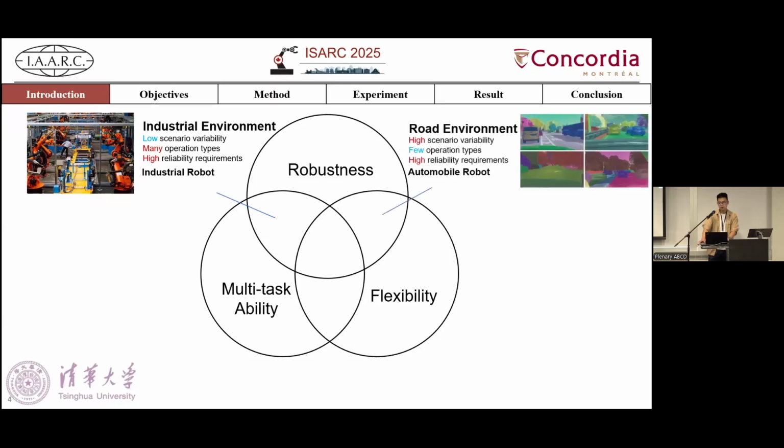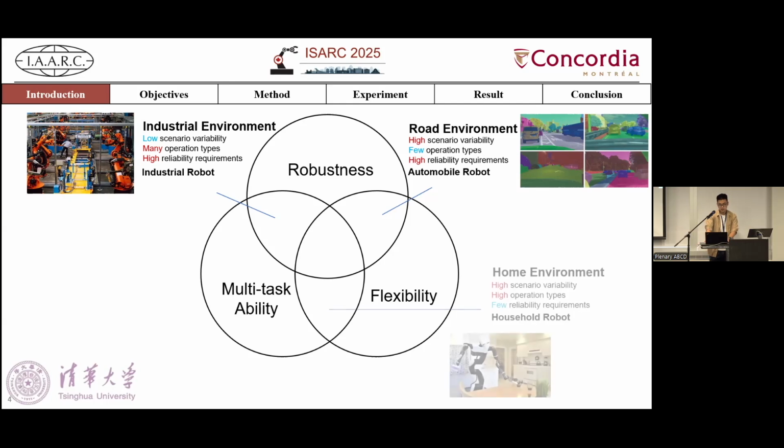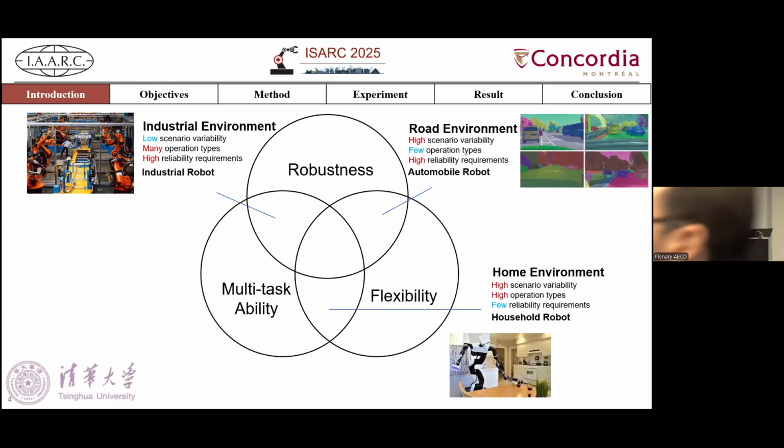And in the road environment, autonomous vehicles are required to handle unpredictable conditions to enhance safety, but their main function is limited to driving. And in the home environment, the working surroundings are also very complex, but household tasks are lightweight, so their reliability requirements are much lower.